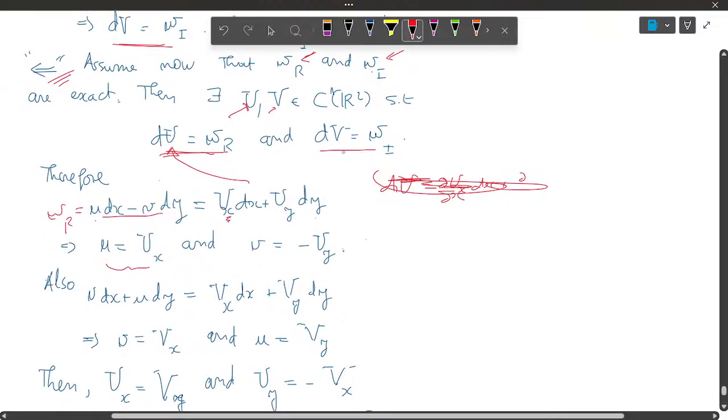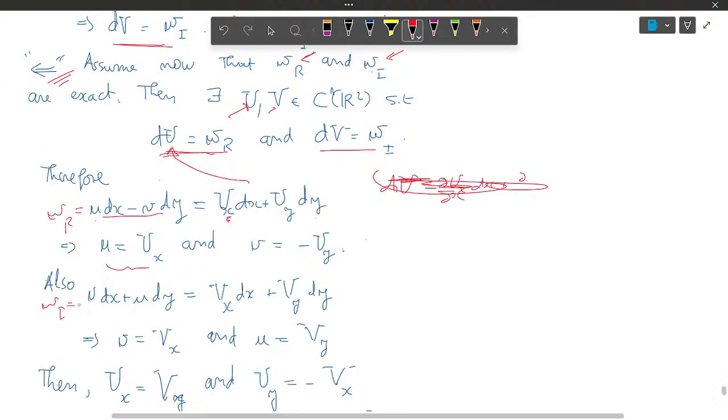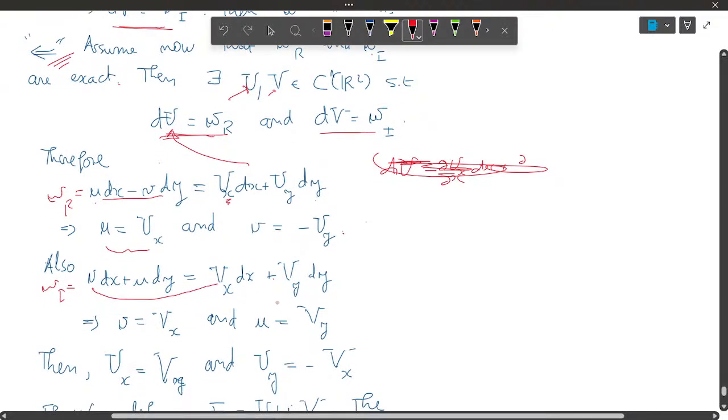Also from this equation, we have that this is WI, which is this, and must be equal to dV, but dV is capital Vx dx plus capital Vy dy. From this equality, we can conclude that small v must be equal to the partial derivative of capital V with respect to x, and small u must be equal to the partial derivative of capital V with respect to y.